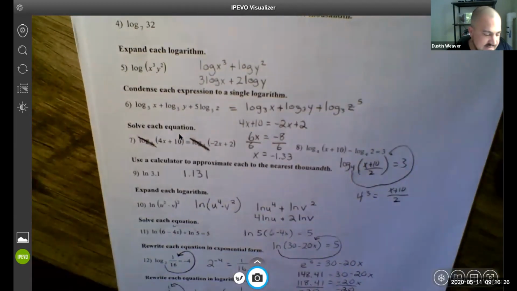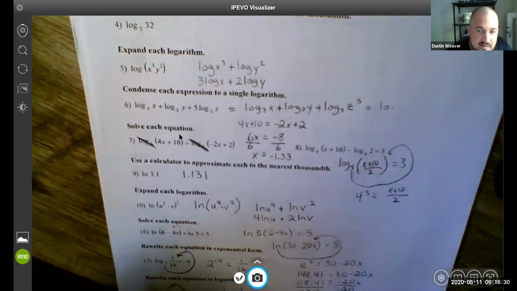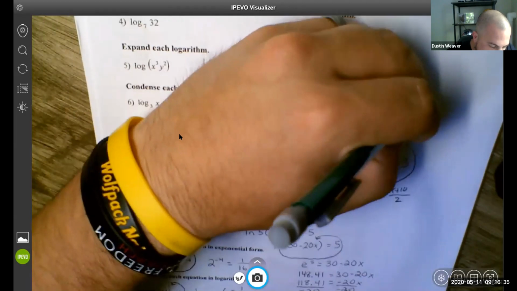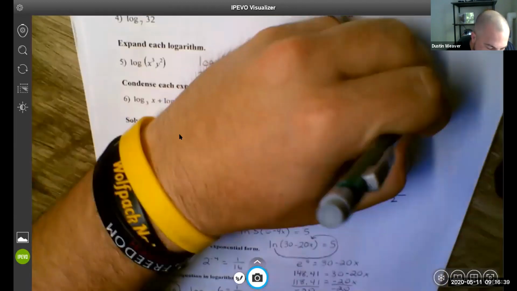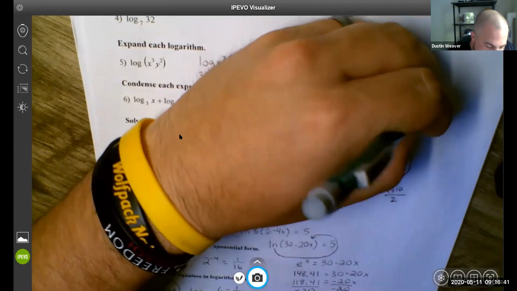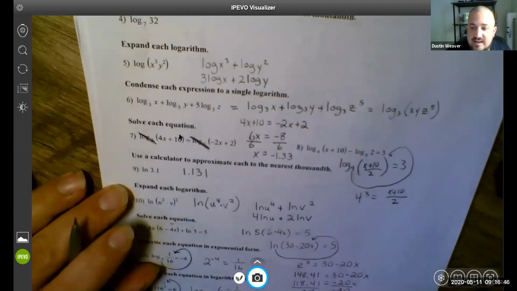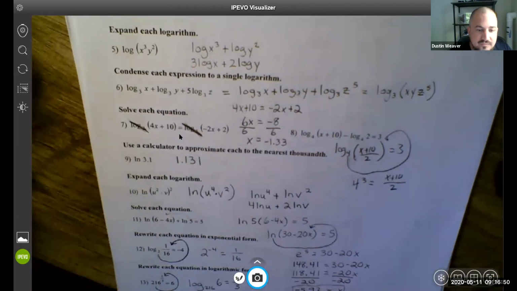Now, since they're all adding and they all have log base 3, I would put them together. So I'm going to say log base 3 of, and I'm going to put it all together. It's going to be x, y, z to the 5th. So you make them all multiplying. And now you have condensed that. So you've condensed everything all together.